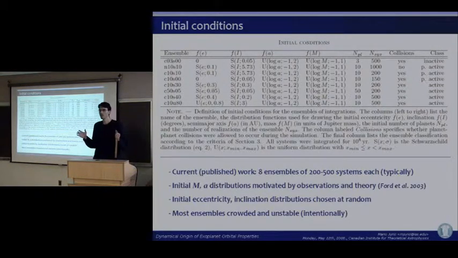In this way, we construct, in this case, 200 planetary systems, and then we integrate each of these planetary systems for 100 million years. The distributions of mass and semi-major axes were motivated by observations and in part by theory.